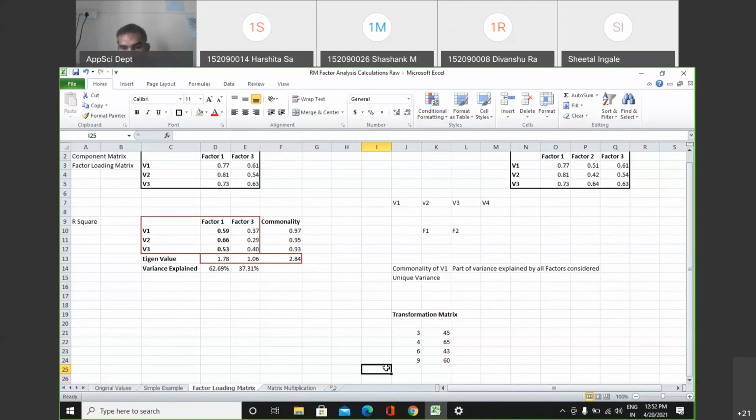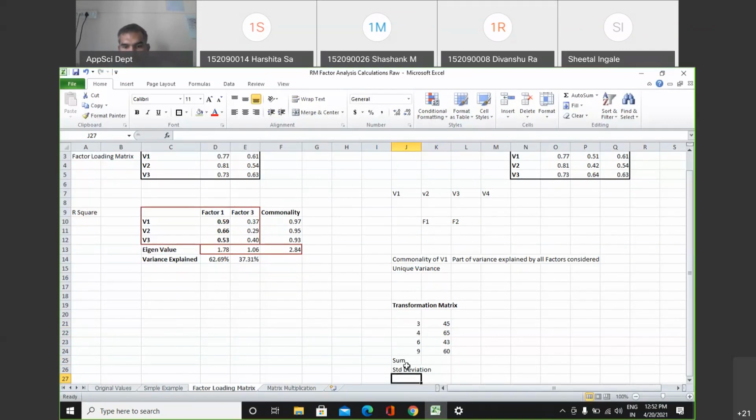Standardization means we are finding out Z values. If we substitute each of these values with its Z value, we will have a sum here and a standard deviation here, for each of these, for both of these.